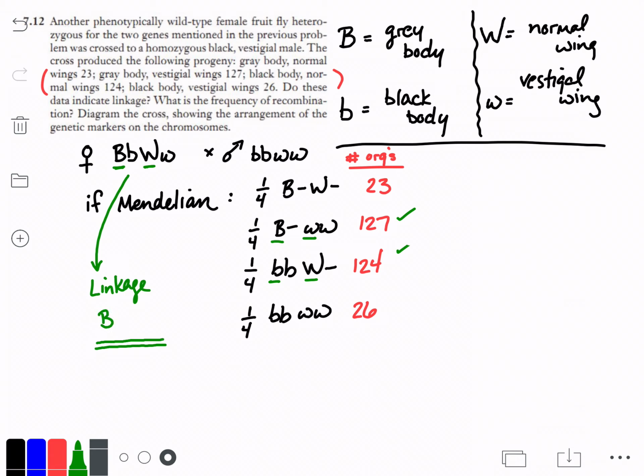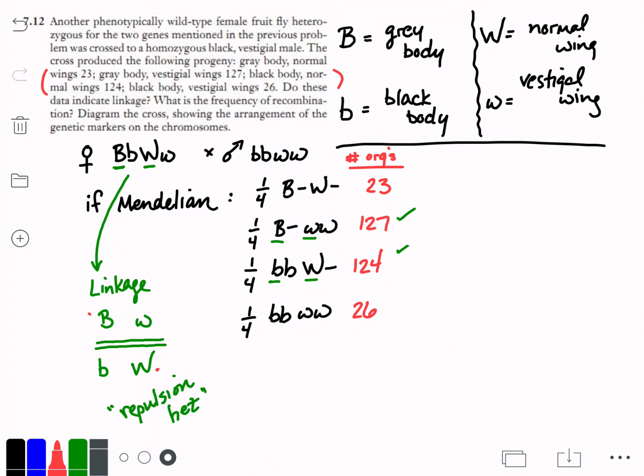So we could write that here. And it doesn't ask us in this particular problem, but we would say this is a repulsion heterozygote because the wild type allele is on opposite pieces of DNA for each case.